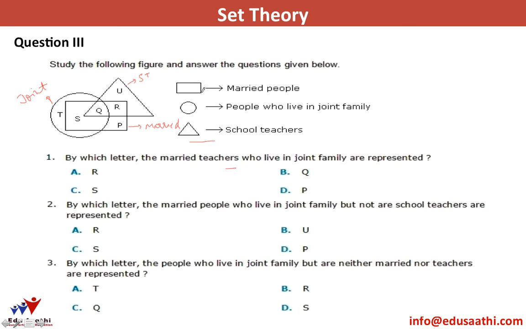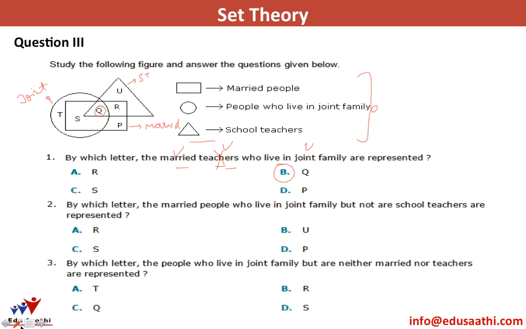So I need married teachers who live in a joint family. So I need an intersection of all these three. I didn't read this teachers first. I need married and teachers and joint family. So what is the symbol here which is common to all three? Only the symbol Q.